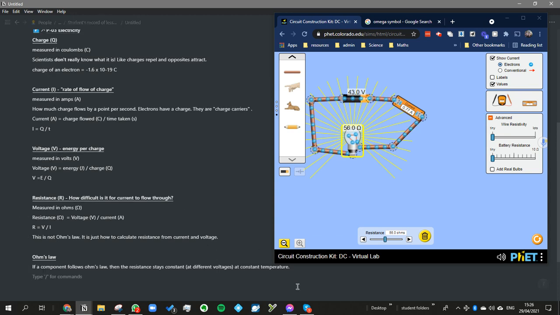So therefore, voltage is directly proportional to current for these components.